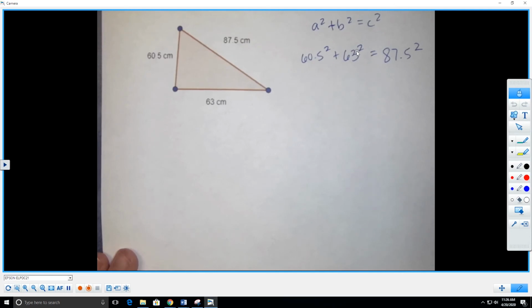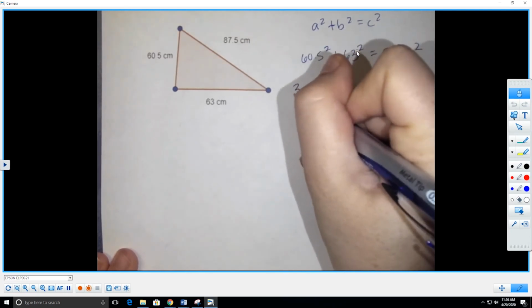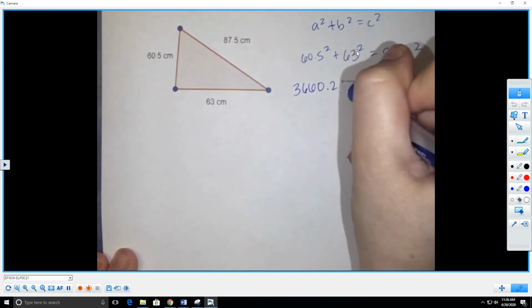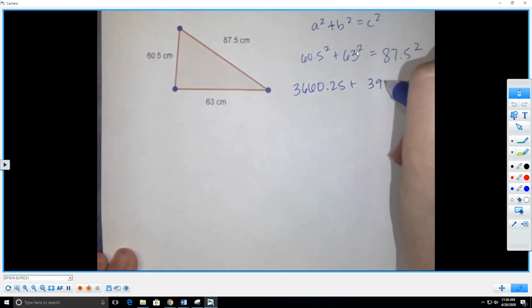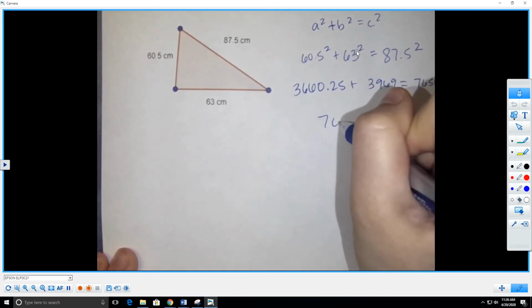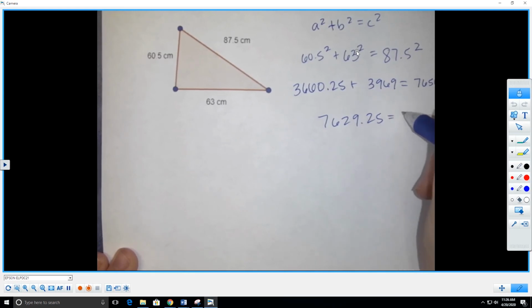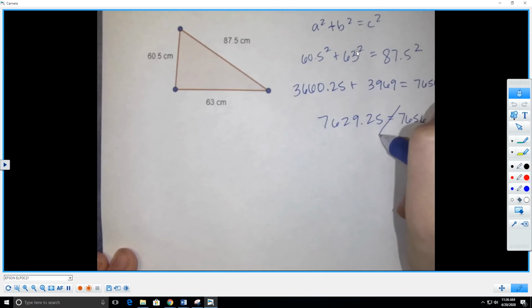Did your final statements look like this? We have 3,660.25 plus 3,969 equals 7,629.25, which gives us 7,629.25 is equal to 7,656.25, which is a false statement.